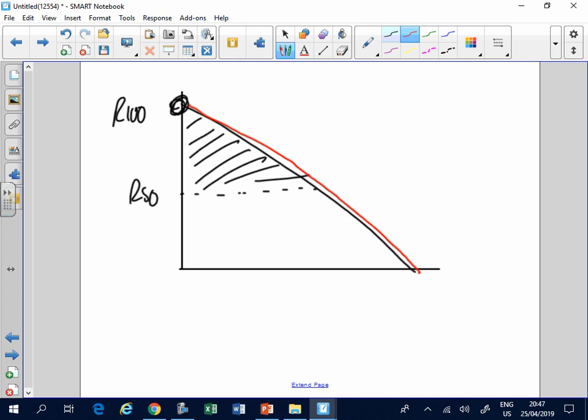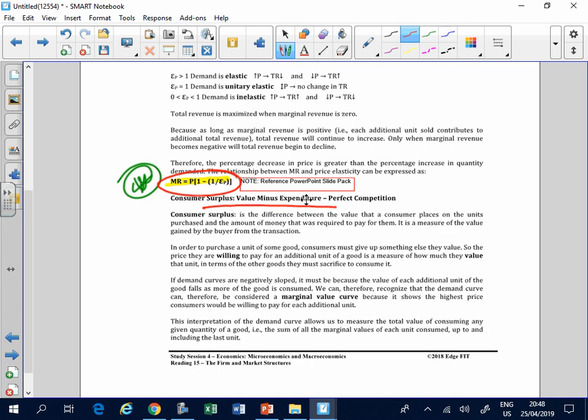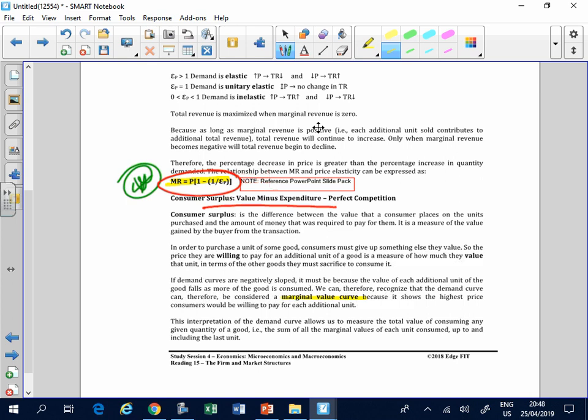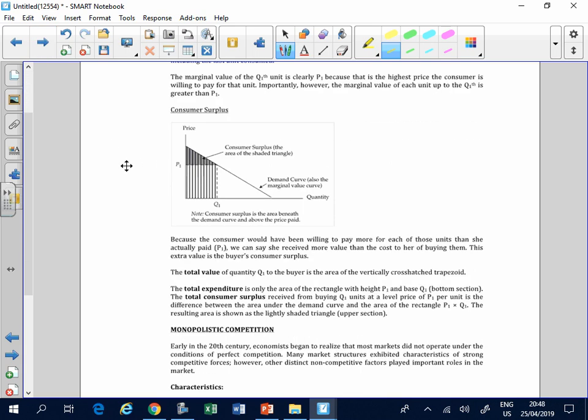What that means is that my utility is lower, my happiness is lower by purchasing the next unit. Now, that's why we've said that consumer surplus is value minus expenditure, and the marginal value curve. I think everyone understands that. There it is, explained to you in an actual example.